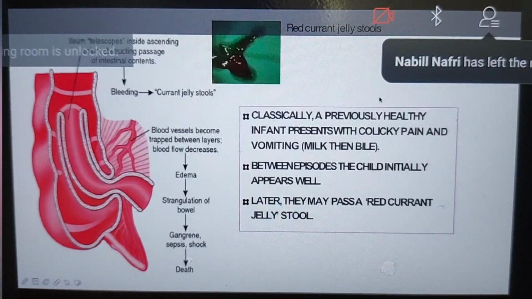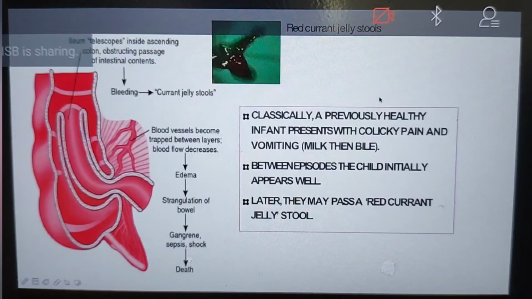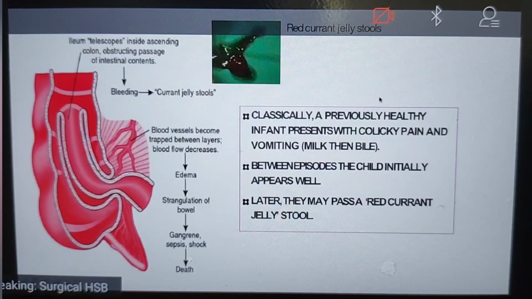This causes obstruction, then inflammation and bleeding, with red currant jelly stool. It becomes dangerous because blood vessels become trapped between the layers, so blood flow decreases, with edema, strangulation of the bowel, and then gangrene. It can then go to septic shock and death.